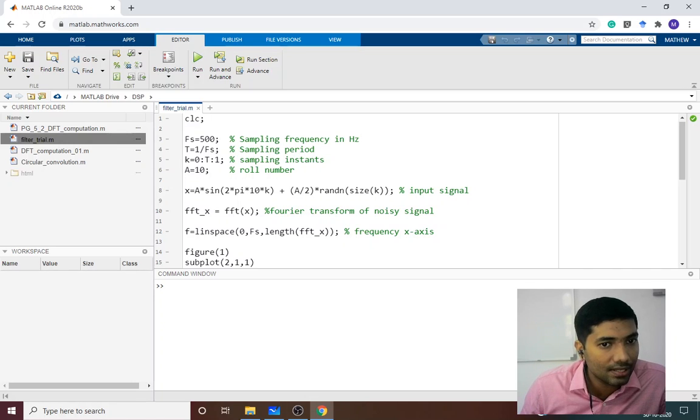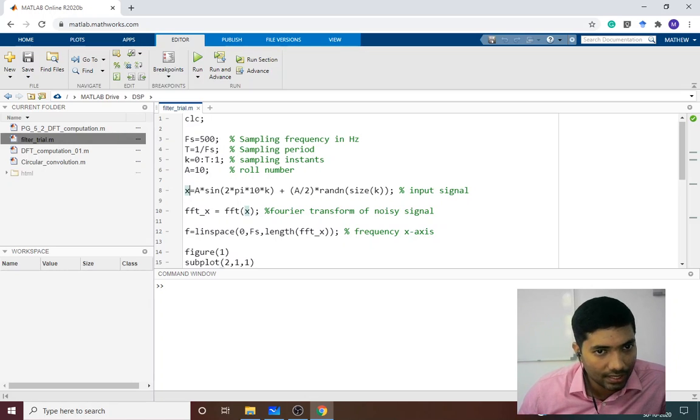So the sampling instance is varying from 0 to 1 with the time period of capital T. That means you have the instances 0, the next instant being 0.002, 0.004 and so on up till 1. Okay, so that is this k, and this capital A I am defining as the amplitude that you can take as your roll number. So these are the things you need to define initially.